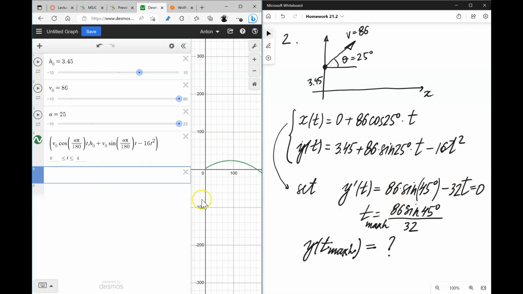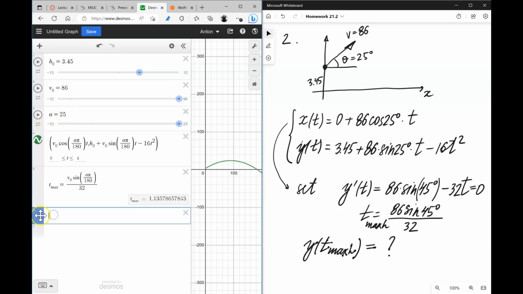So we're going to compute this t maximum height to be equal to 86. Where did 86 come from? 86 is our initial velocity multiplied by sine of the angle, but we have to convert it to radians, and we're going to divide everything by 32.